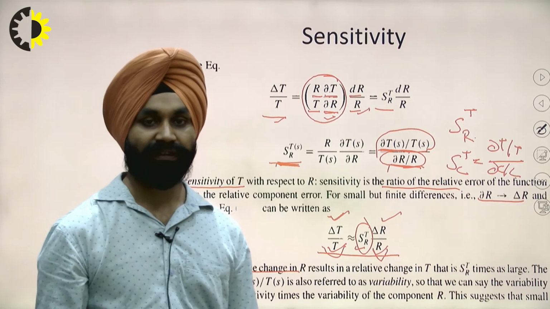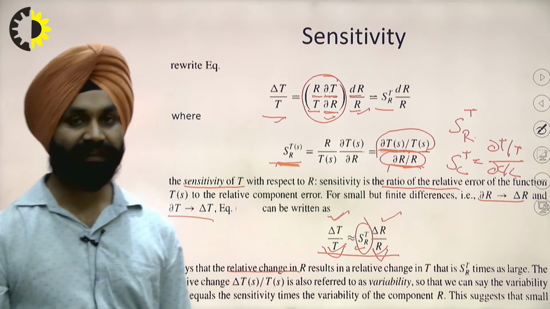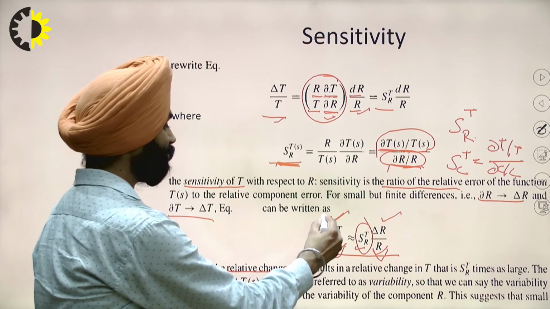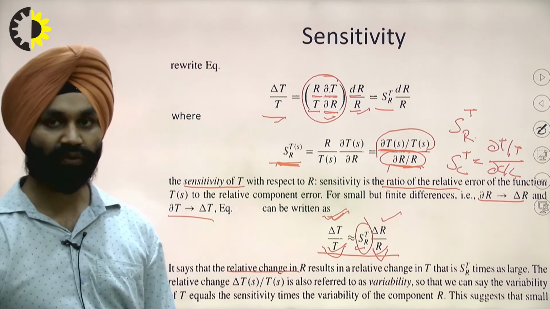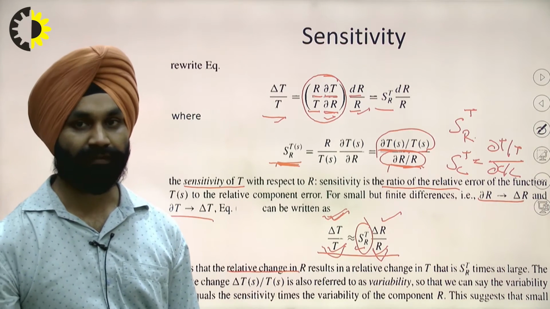The relative change, for example, delta S by S, is also called the variability.